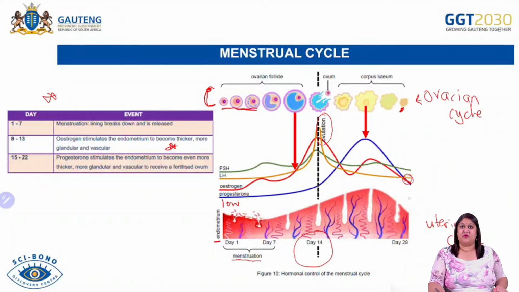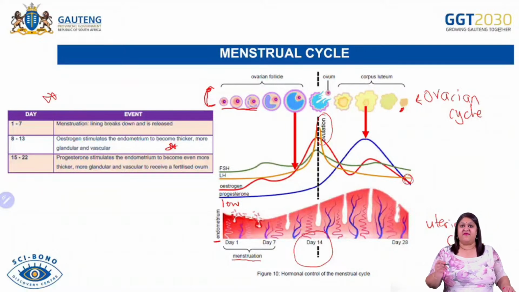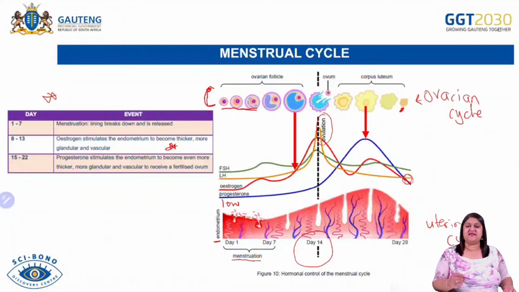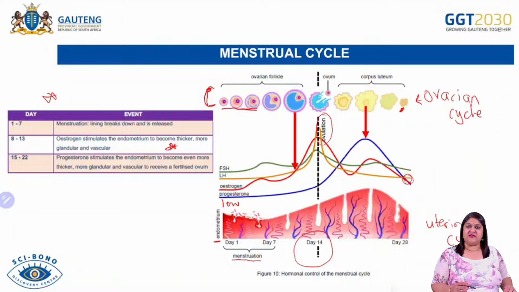The lining will now be shed because there is no progesterone, there is no estrogen, the levels are now low, so there's no build up of the endometrium, there's nothing keeping it there. Because remember, the other major function of progesterone is to maintain the thickness of the endometrium. So if there is not sufficient progesterone, then we cannot have the maintenance of the endometrium. And why do we need to maintain the endometrium? So for possible pregnancy.